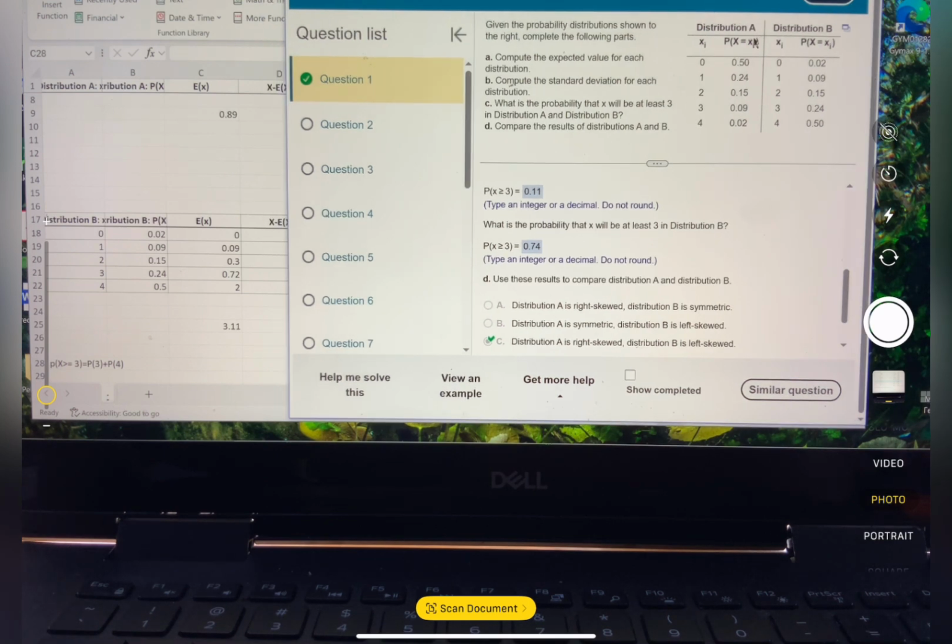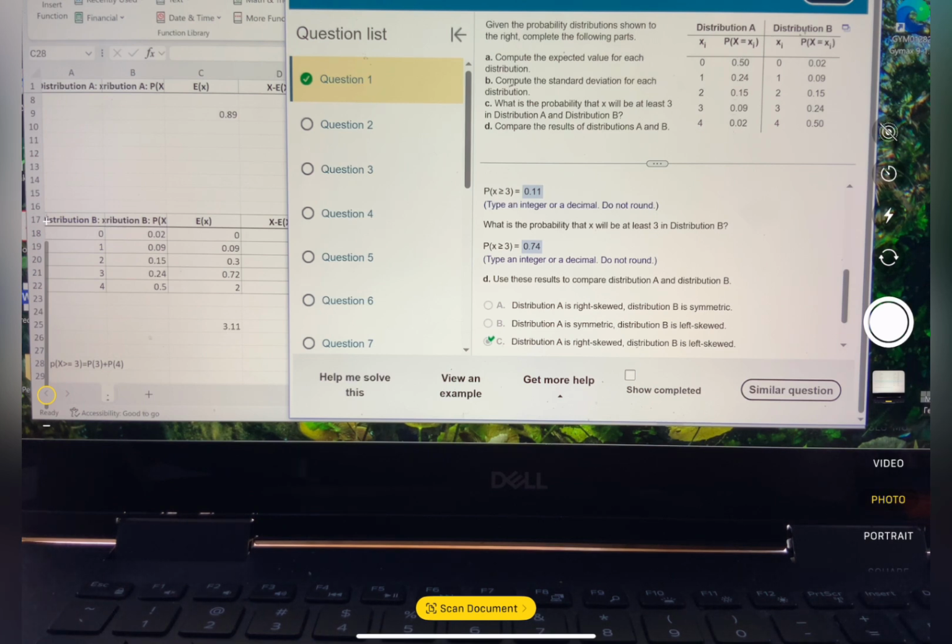Let's look at A. We have 0.5, 0.24, 0.15, 0.09, 0.02, and our average, the expected value E of x, is 0.89. So those are around our average, correct, or less, correct? If data are going to the left, just like we have here, then we are dealing with right skewed data.